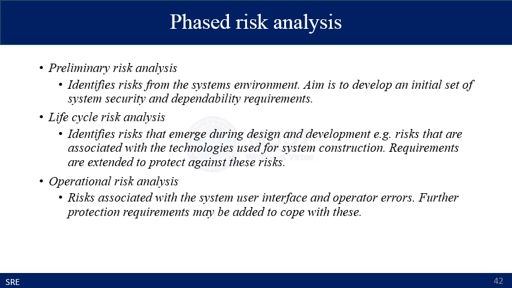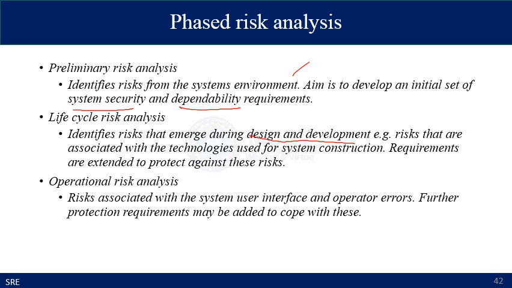The risk analysis process can be divided to create a phased process, and initially a preliminary risk analysis is carried out to identify risks from the system environment itself. It aims to develop an initial set of system security and dependability requirements. Then you can conduct another risk analysis on the software development life cycle, which identifies the risks that emerge during design and development.